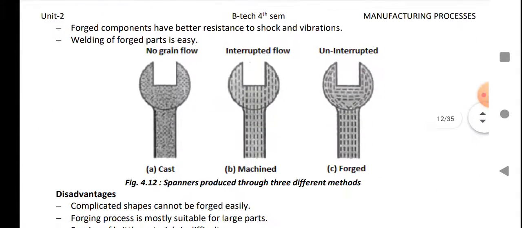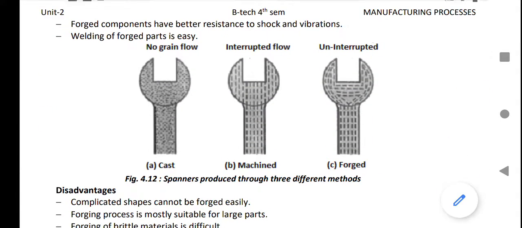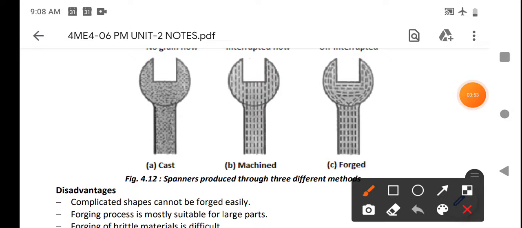As you see in that figure, we talk about these specimens, which are cast, machined or forged. In casting, there is no continuous symmetrical grain structure, but in machining there are parallel lines, as you see in that figure. It gives better strength.